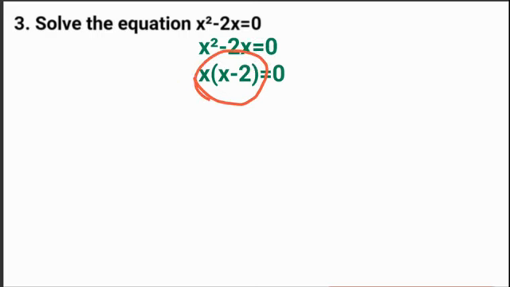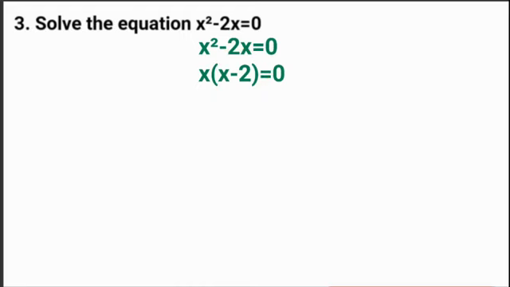Okay, so in case you're getting confused, we are taking this x as a term on its own, as well as taking this x minus 2 as a term on its own. So we have two terms, which is x as a term and x minus 2 as another term.